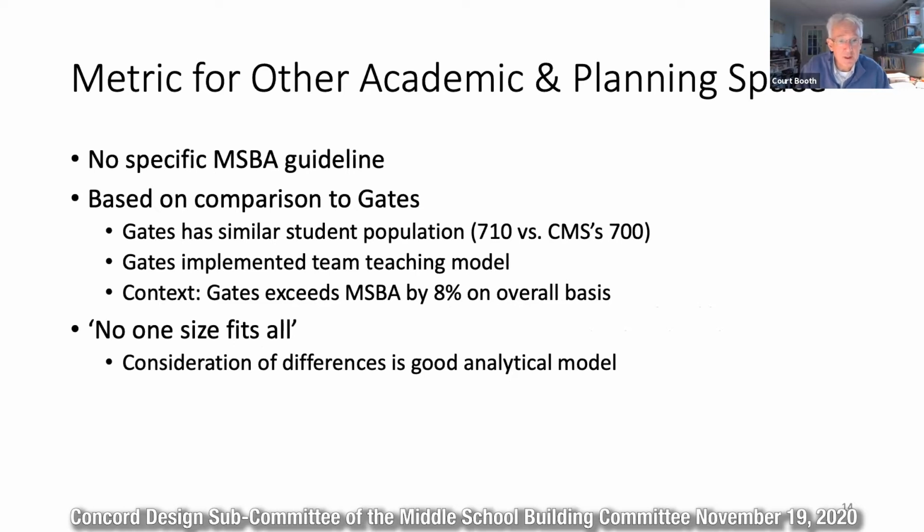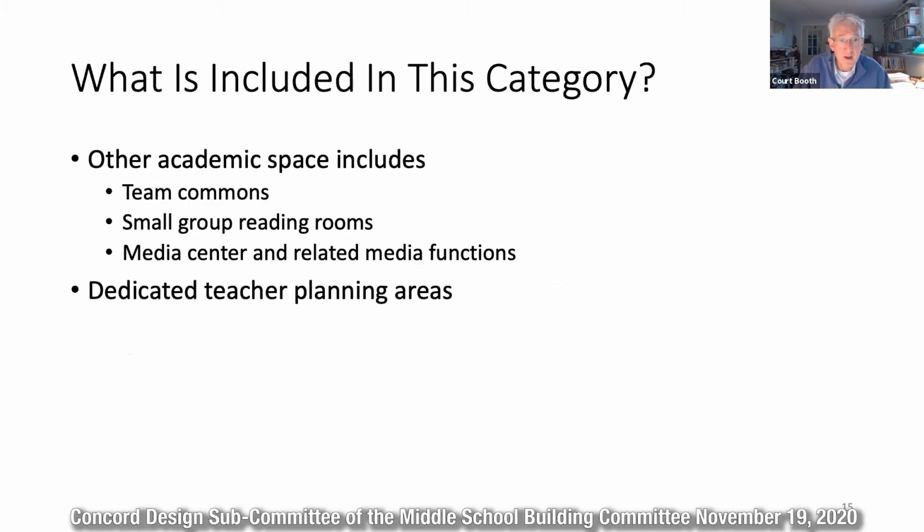We saw the 8% variance earlier with Gates. We still like Gates as a model. So what we considered other academic were these items right here. And again, where we bumped our heads a few times was on this last bullet, dedicated teacher planning: when, where, how. That's a conversation we're not prepared to have, but we're very interested in it. And we know that's going to keep Lori and Justin up at night sorting that out with any model.